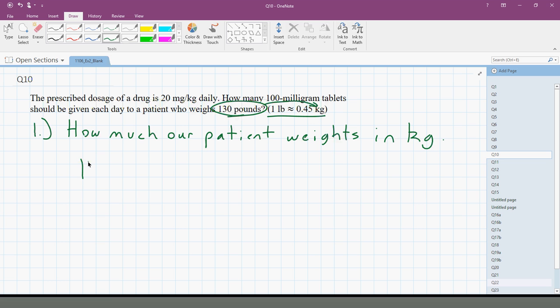So we're going to take that 130 pounds and we're going to multiply it by what over what to get kilograms? There has to be a relationship between pounds and kilograms.